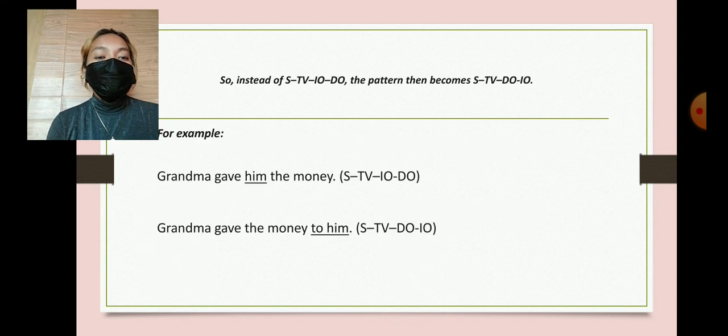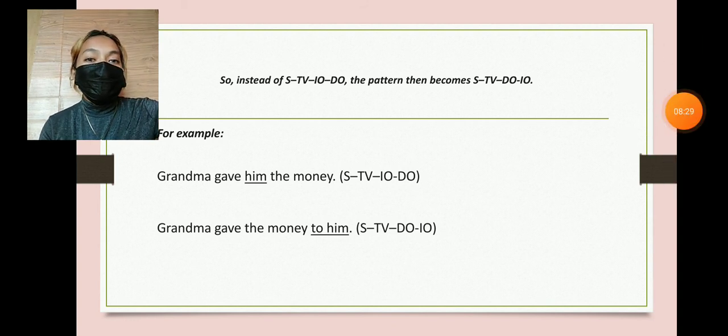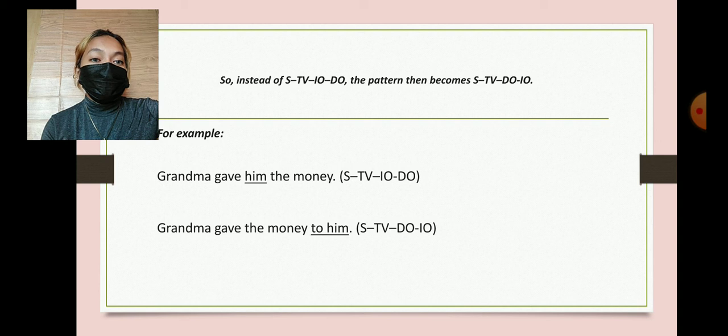So in some instances, the direct object comes before the indirect object. So instead of STV, IO, and DO, the pattern then becomes STV, DO, IO. For example: Grandma gave him the money.